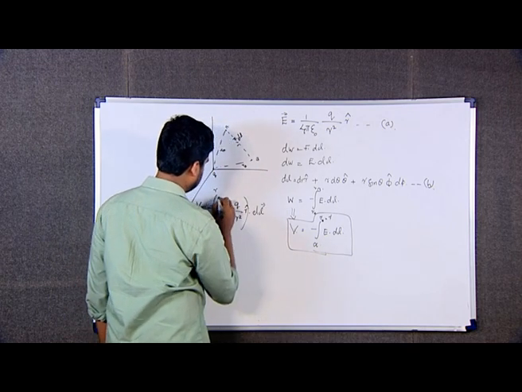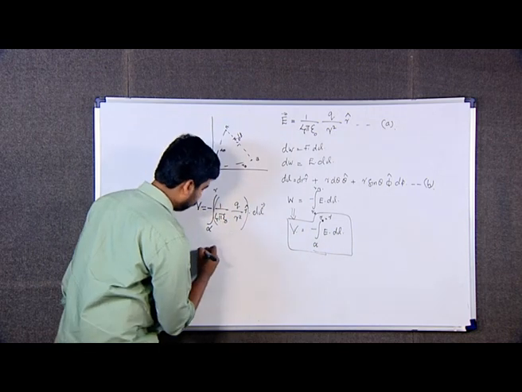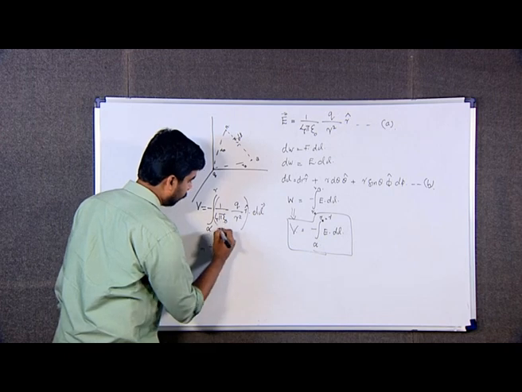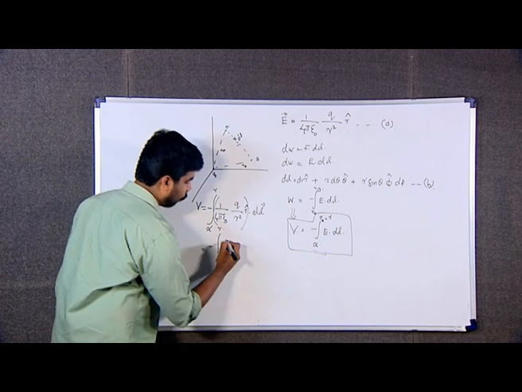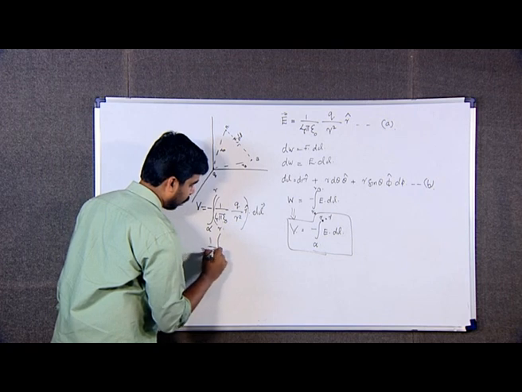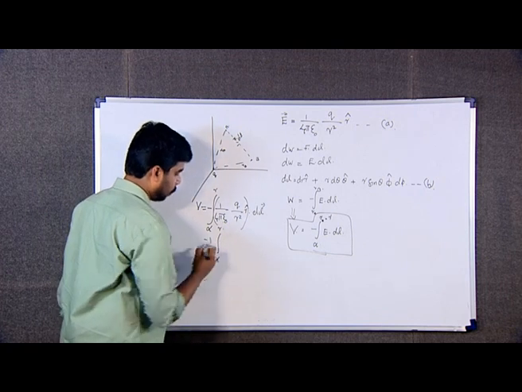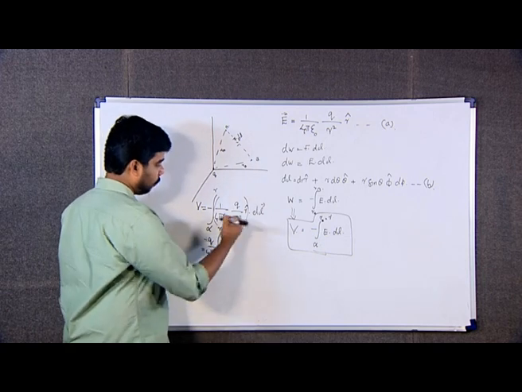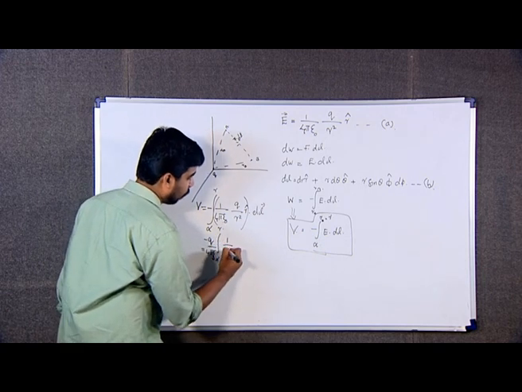Yes, we are done. Just for the conservative force, we can write it as minus integral from infinity to r. 1 by 4 pi epsilon 0 is a constant, so I can take it out, and q also is a constant, so I can take q outside, leaving 1 by r square.